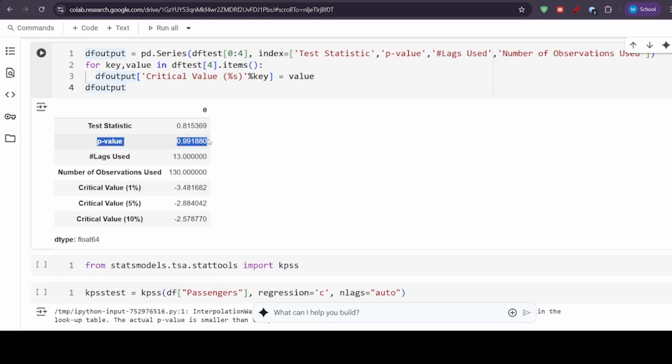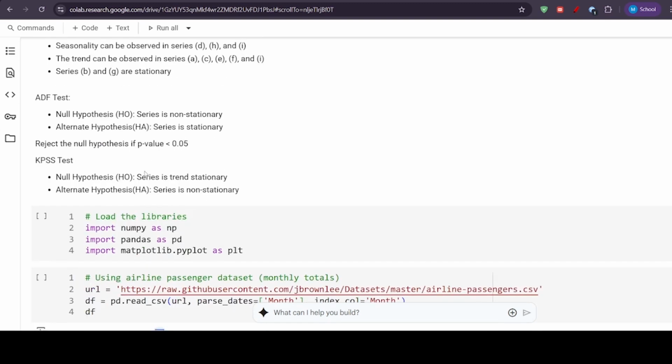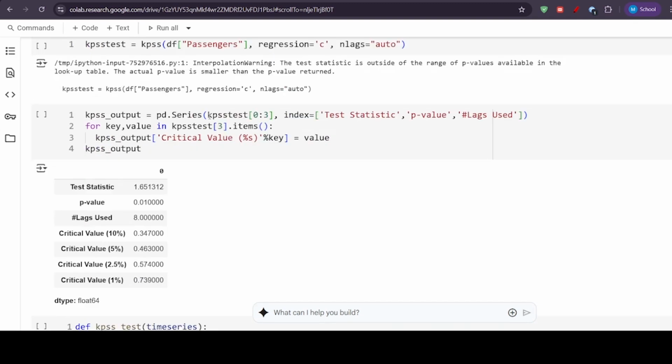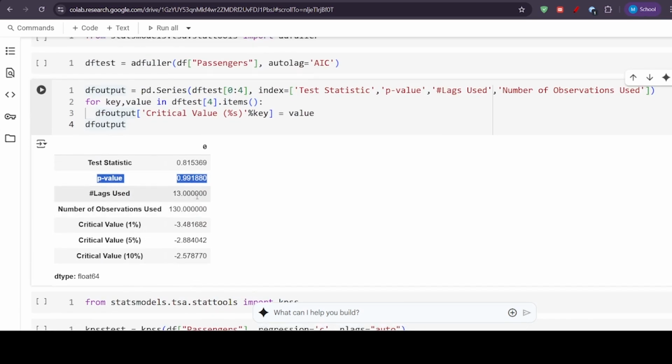So here you can see the p-value is 0.99. What we saw for the adfuller test is that if the p-value comes below 0.05, then only we can take it as stationary. But it is a very high value, 0.99, so it is almost the opposite, and that's why we can say that this is non-stationary data.